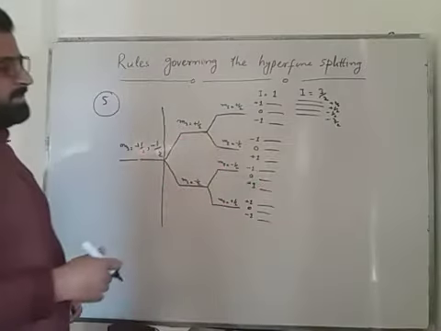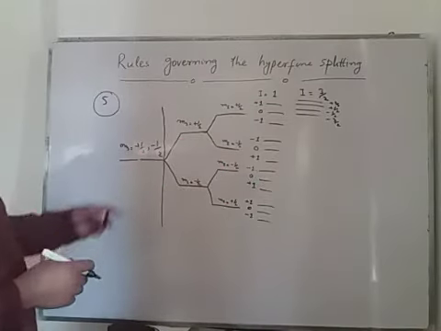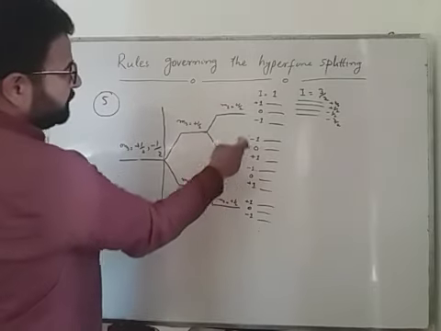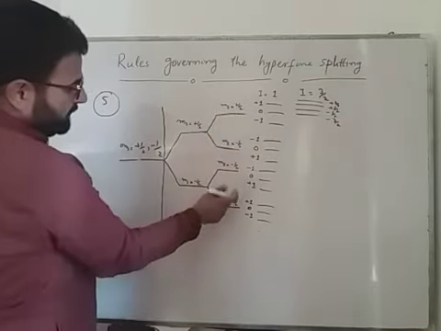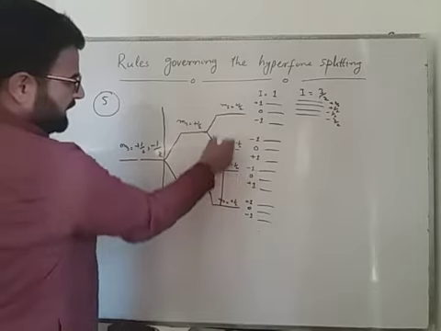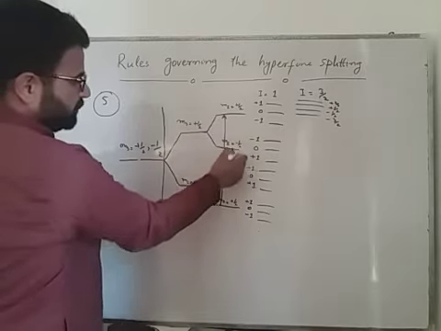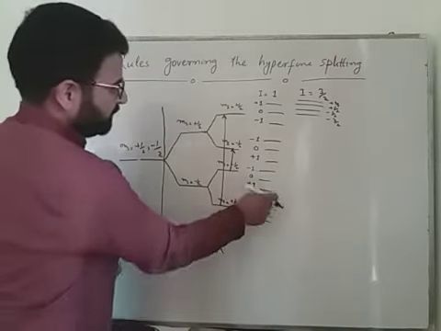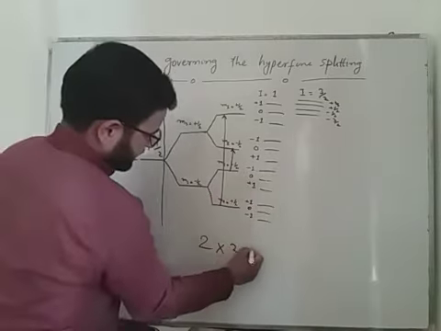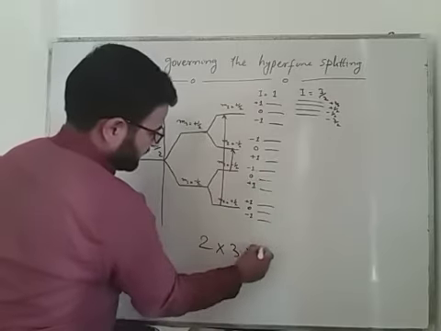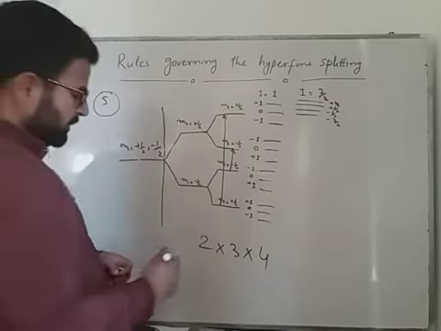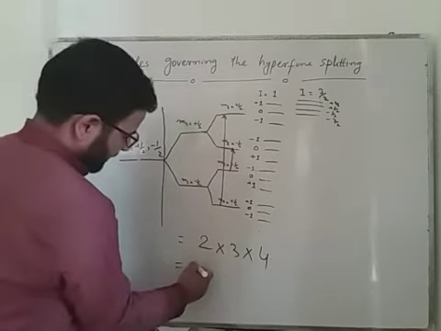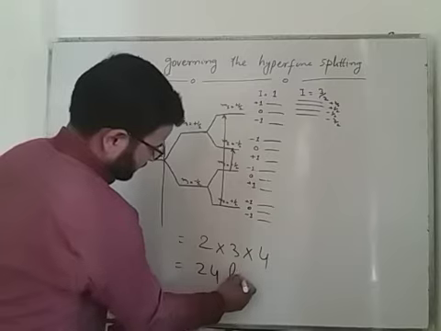Likewise all lines will be split. So the total number of lines will be given by the product of each. For example, when mI was plus 1/2, we got two lines, one between these two, another between these two. We got two lines here, so we will write 2 multiplied by 3 lines here, multiplied by 4 lines here. So the total number of lines will be 2 times 3 is 6, multiplied by 4, that means 24 lines.